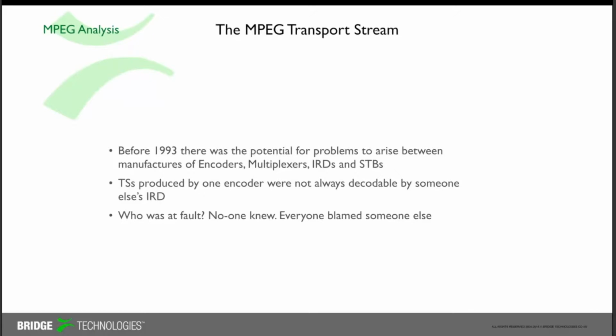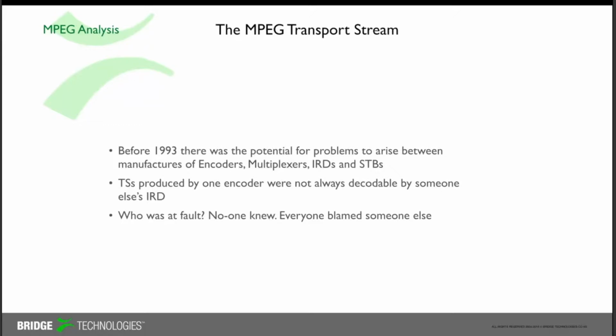Before 1993, where digital television was really sort of hitting its stride, manufacturers were making encoders, they were making multiplexers, they were making set-top boxes, and they were making professional IRDs. And sometimes the interoperability wasn't very good, and one manufacturer's encoder couldn't be decoded by another manufacturer's IRD.